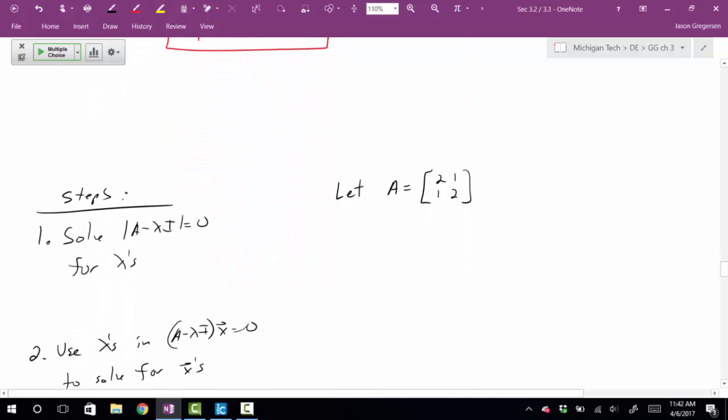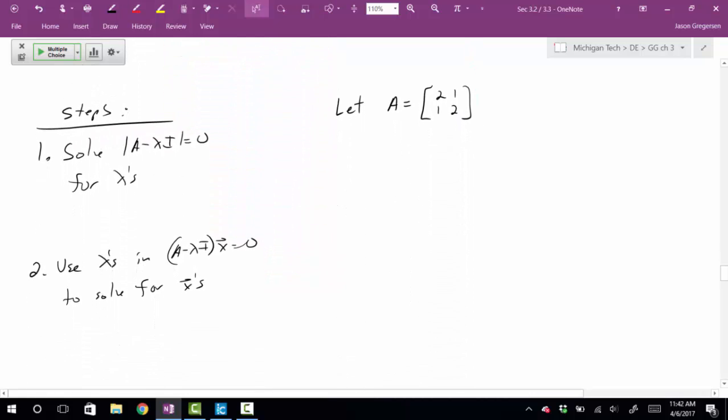What am I going to do? I'm going to solve that determinant equal to 0 to find my lambdas. So the very first time I'm going to do this, I'm going to show all the steps. And then I'm not going to do that anymore. So first I want to calculate the determinant of A minus lambda I. Your book will write this as det(A minus lambda I), just different notation for the determinant. They're equivalent here. Well, what is this? Here's A minus lambda I. I is the 2 by 2 identity matrix.